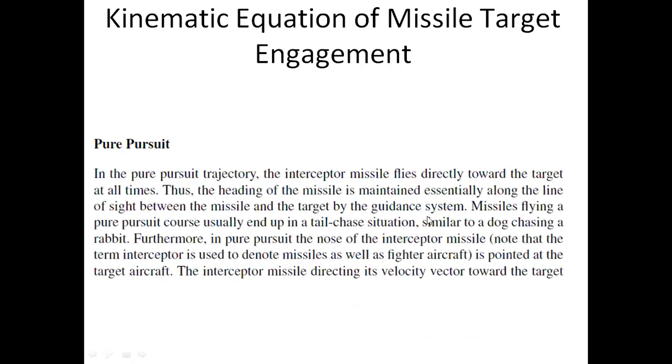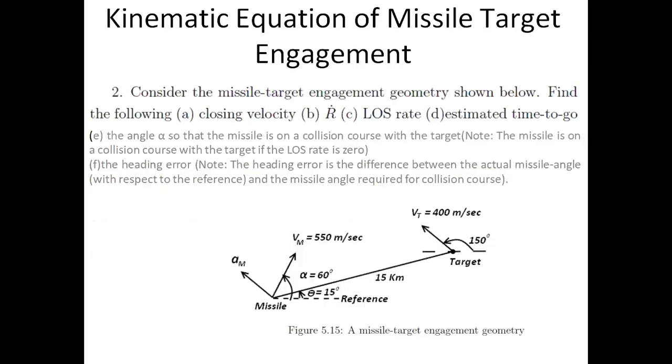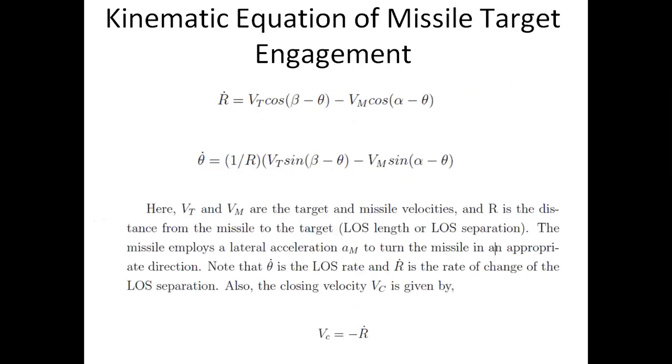Okay, so we'll take the example of pure pursuit and we'll derive the complete set of equations in terms of velocity and acceleration using the kinematic equations. These are not the complete set of equations. These are the basic equations we derived from the geometry using trigonometry and the velocity vectors. As we know, alpha, beta, theta, and Vt, Vm are not constant.